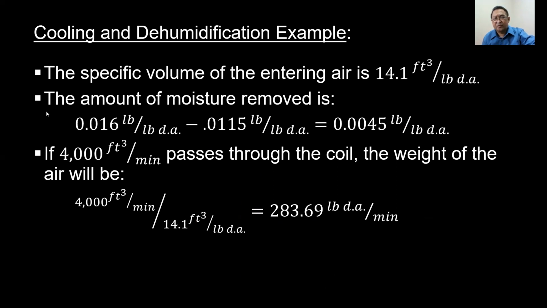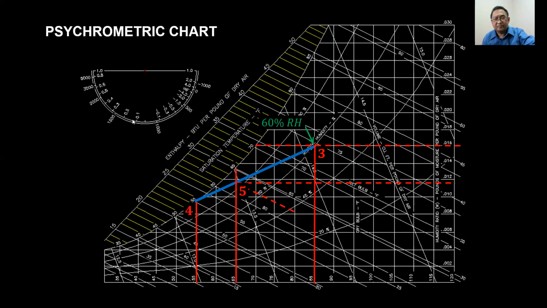The result will be 0.0045 pounds per pound of dry air. So this will be the amount of moisture removed: the moisture at point 3 minus the moisture at point 5.